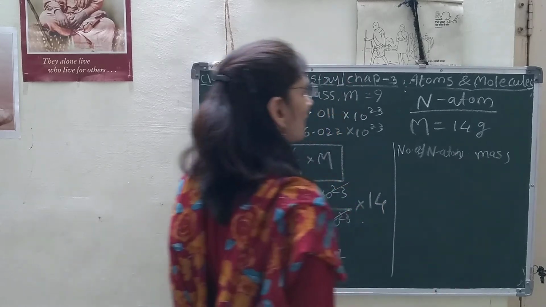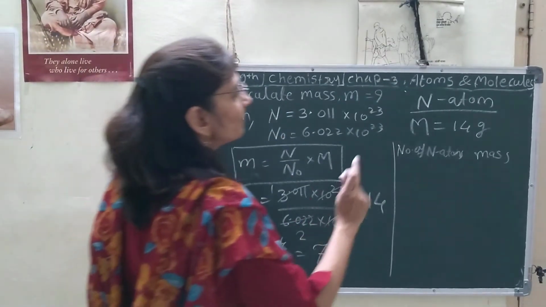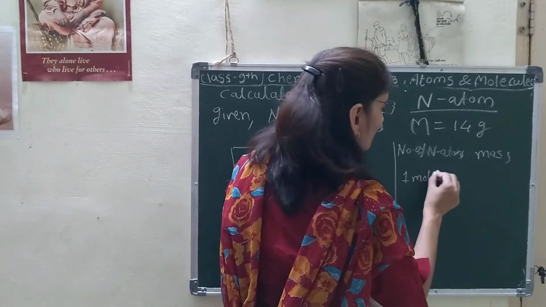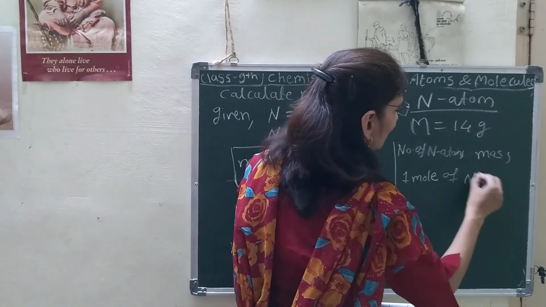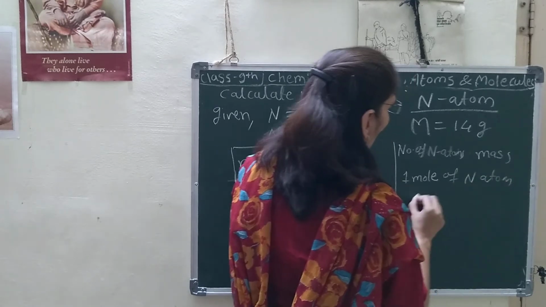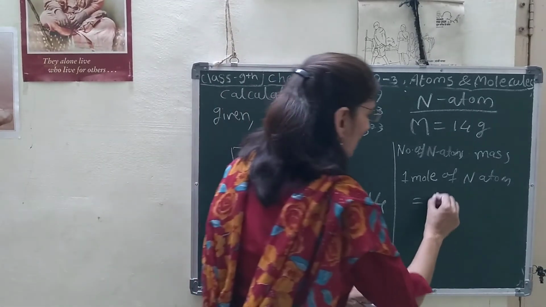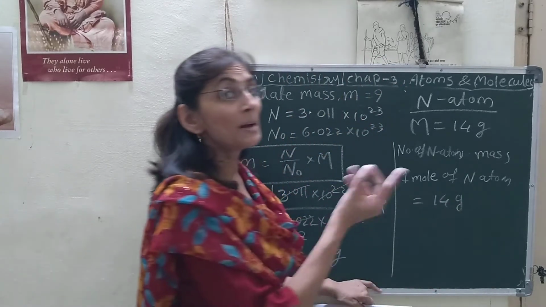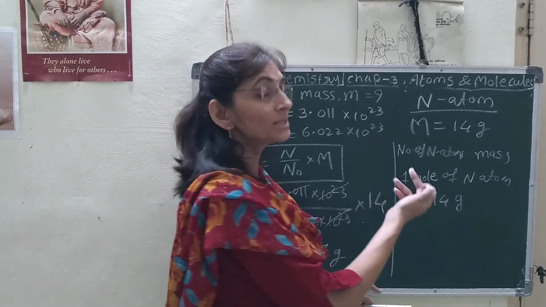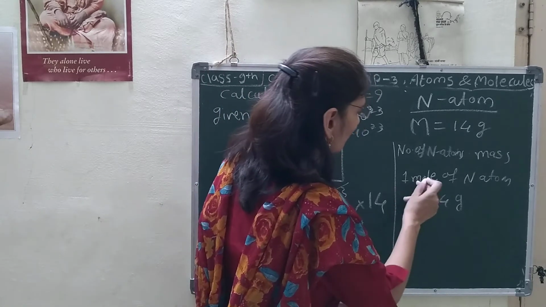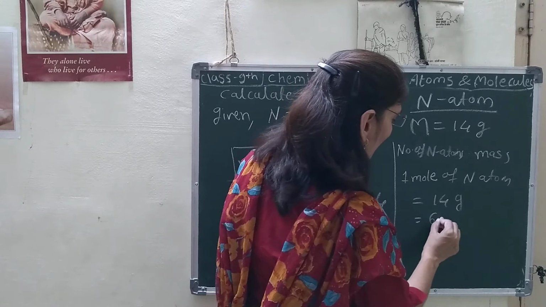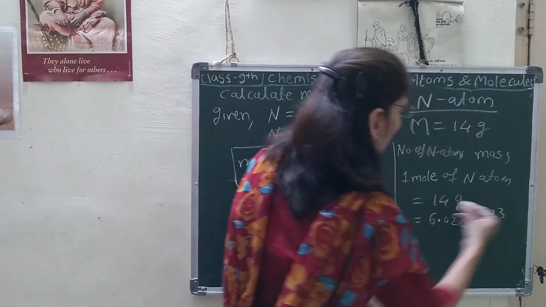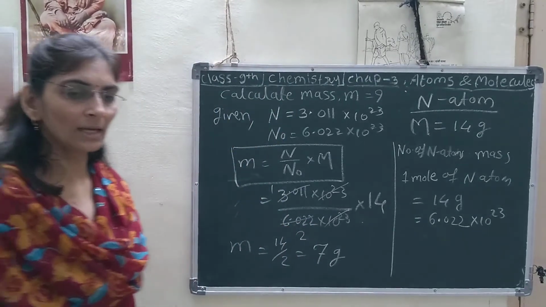That's why I have mentioned directly number of atoms. So we know 1 mole of nitrogen atom is 14 gram, its atomic weight in the form of mass, it is 14 gram, equal to its atomic weight. And again, what is 1 mole? 6.022 into 10 to the power 23. Both we can consider here.